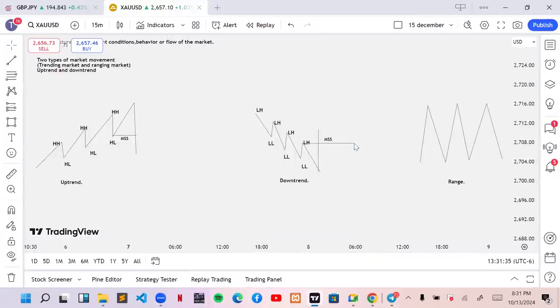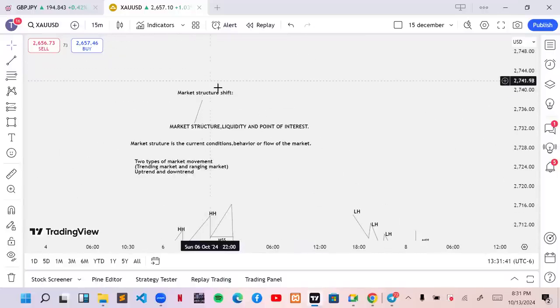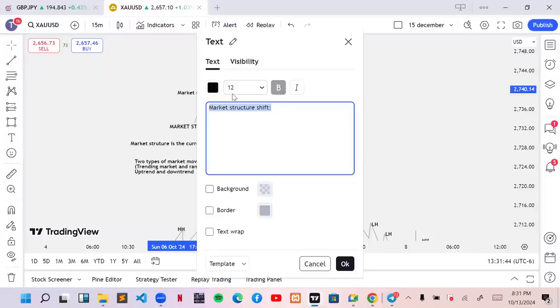Like I said, whenever there's a market structure shift, you're not going to be looking for trades in the same direction. The market structure shift is an indication that the current trend is about to end, and the new one is about to begin in the opposite direction.